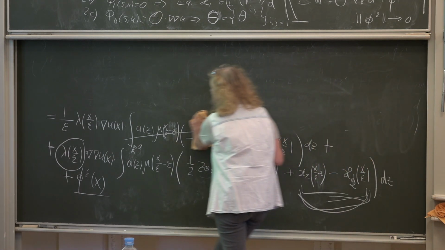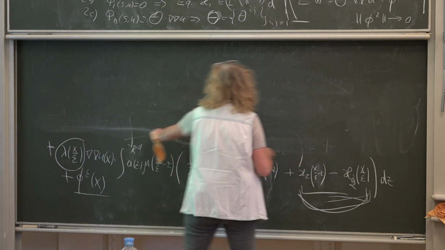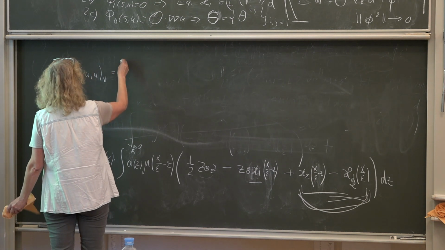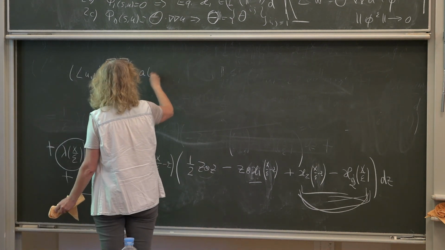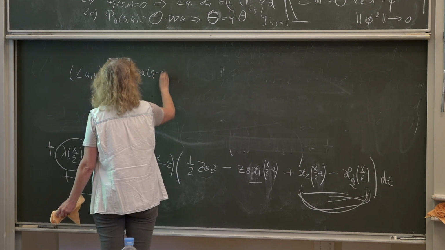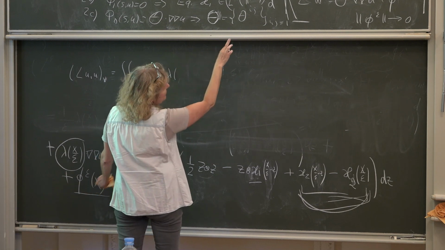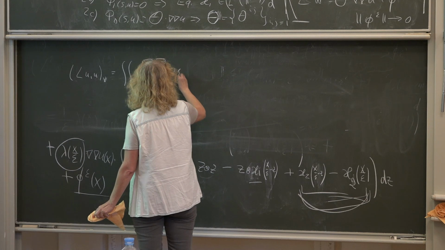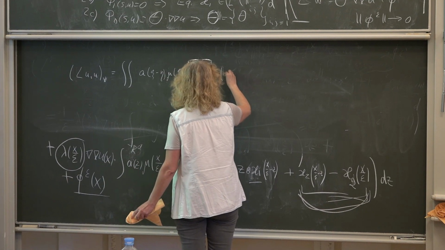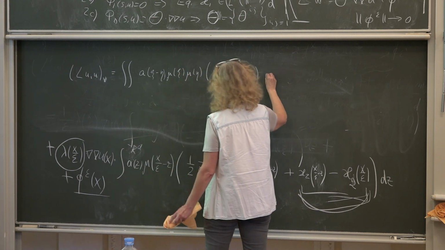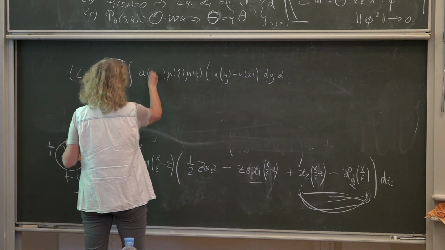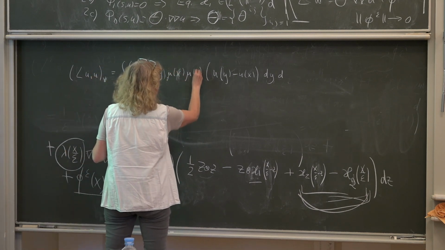If M is not 0, and I consider L with respect to this weight, with respect to this measure, then I have: psi minus eta, lambda will disappear, so it will be mu psi mu eta times u of y minus u of x, squared, dy dx.